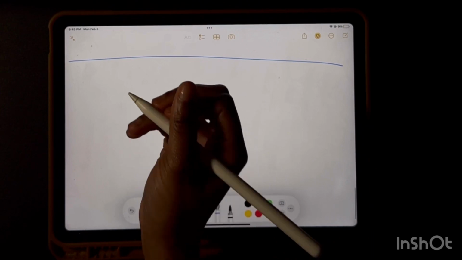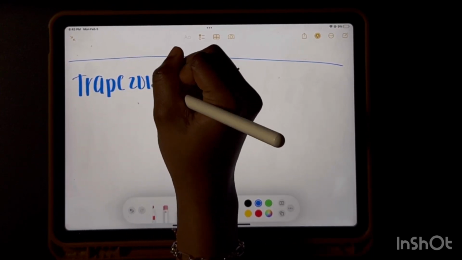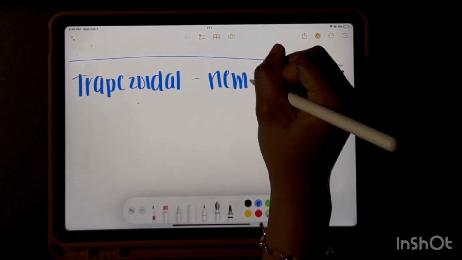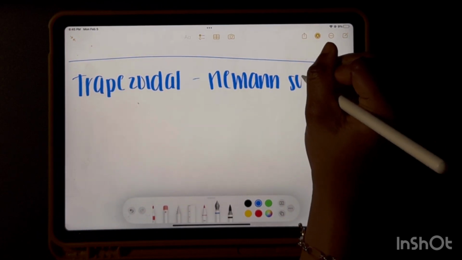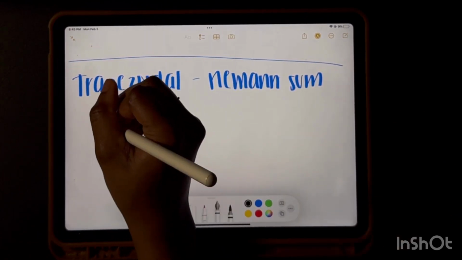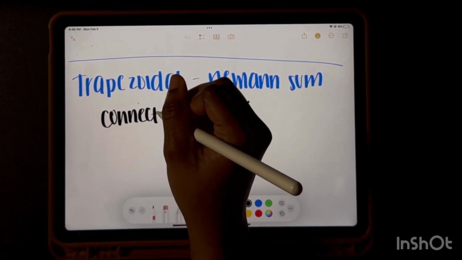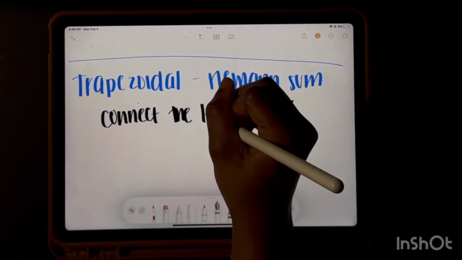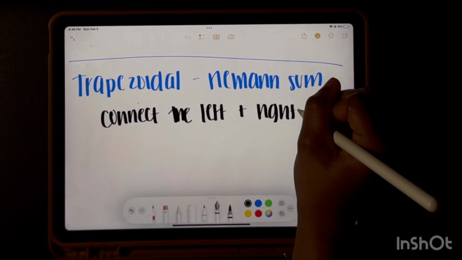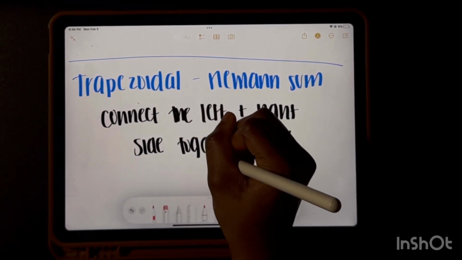Lastly, let's look at the trapezoidal Riemann sum. This method is when you connect the left and right side together.